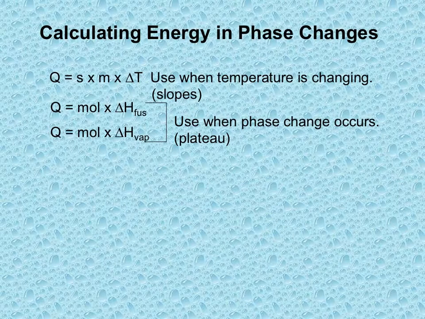On the upper plateau, where when heat is added, the liquid is changing to a gas or boiling, we want to multiply the moles times the heat of vaporization. It can also be the same equation if you are removing heat and allowing water to condense.